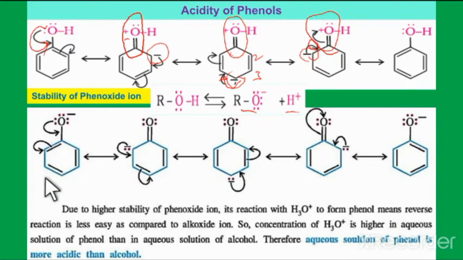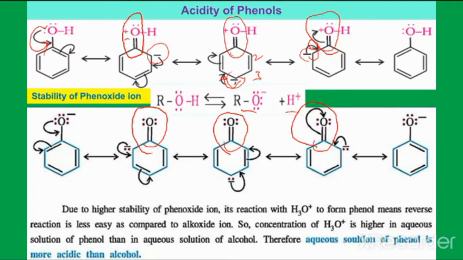Now the phenoxide ion undergoes resonance, so in these three cases, the double bond is present between the first carbon and the oxygen, and the oxygen doesn't have any charge in these three cases. So the oxygen is more stable.